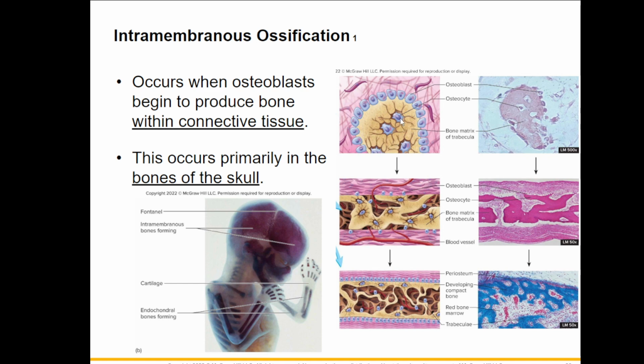And you can see also the trapped osteoblast, which will eventually become your osteocytes. Usually, intramembranous ossification occurs in the bones of the skull. Okay? So, yung intramembranous ossification na yan, it usually occurs in the skull. It might be asked in the exam.